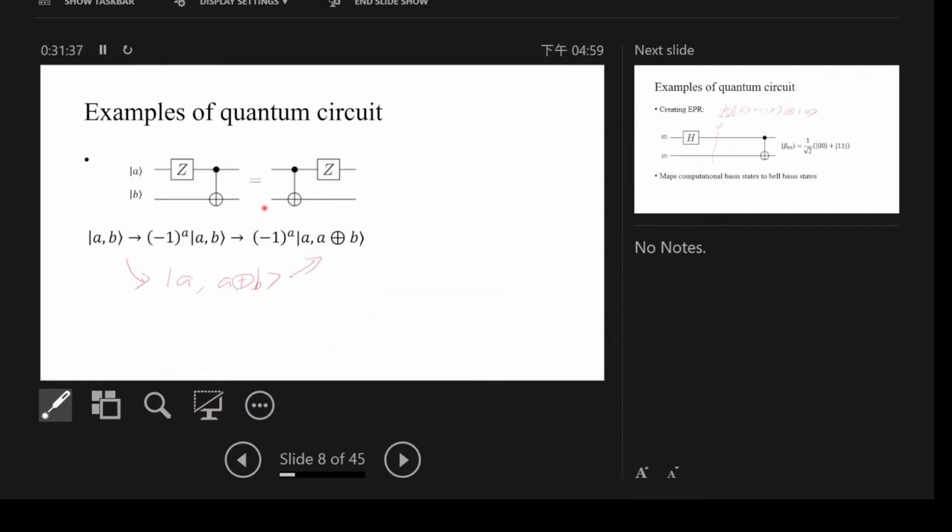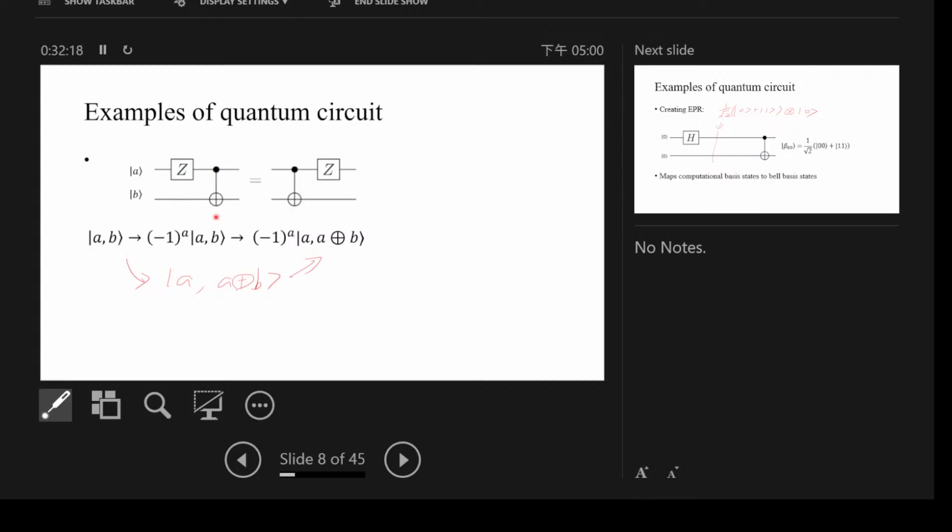Okay. And let's see more calculation, and this is quite a random result. We have a random computational basis state |AB> as input, and we go through this circuit with a Z gate and a CNOT gate, and want to show that the Z gate followed by the CNOT gate is actually the same as the CNOT gate followed by the Z gate, and we can do the computation.